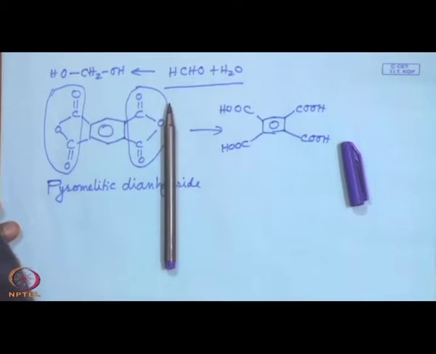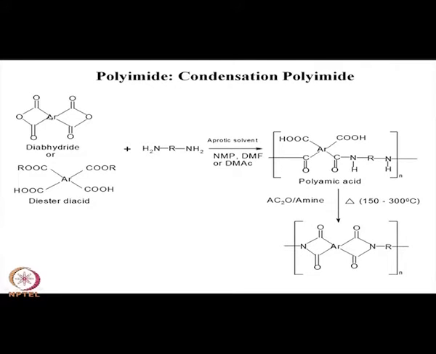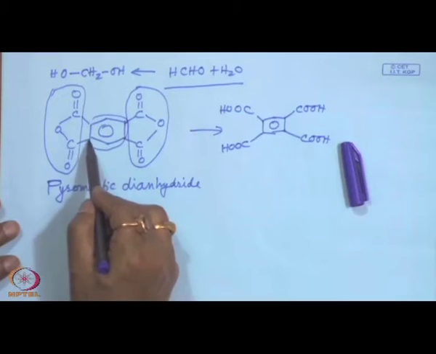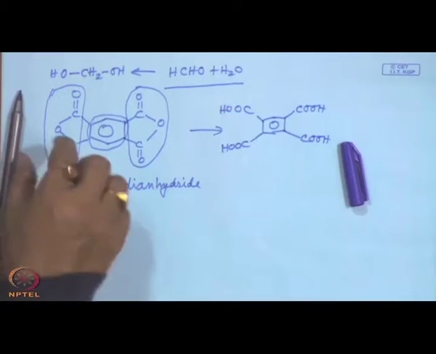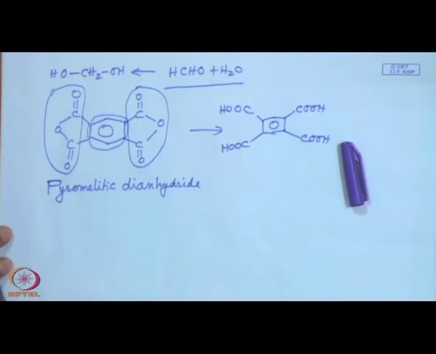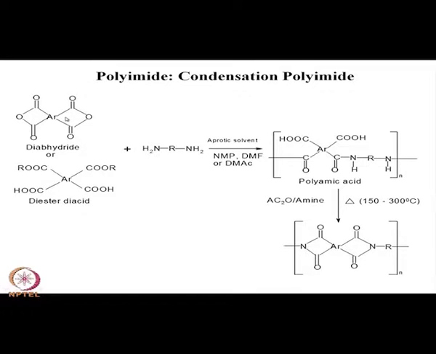In this formula, this Ar here is this phenyl ring. So, basically, this compound and this compound are the same. This compound and this compound are the same. So, one can take dianhydride or diester acid.